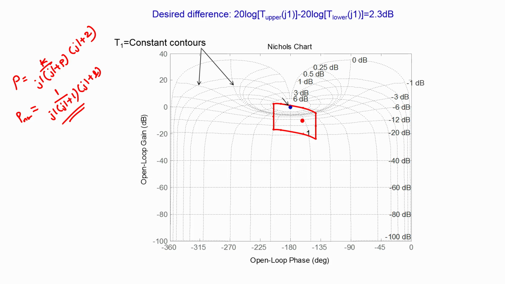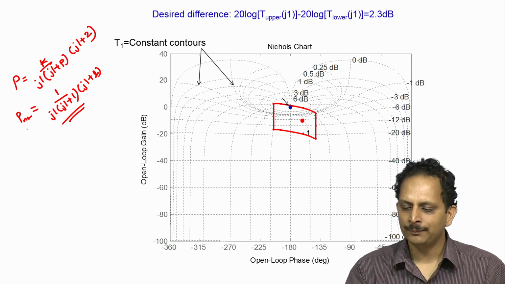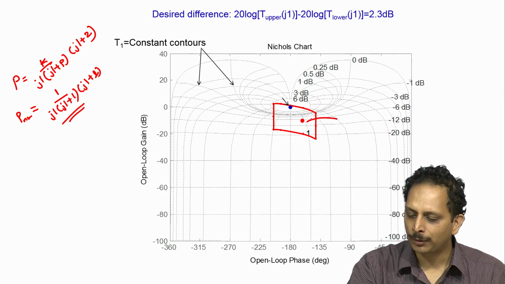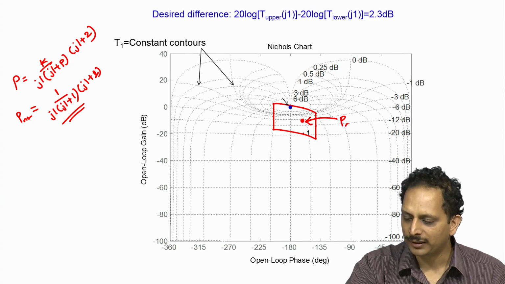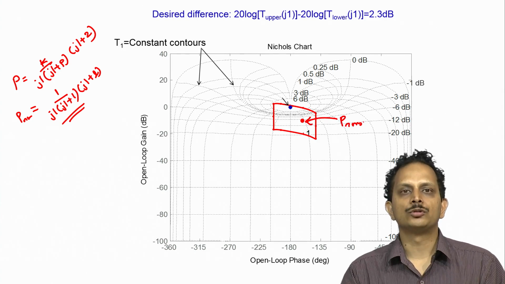Now, we note that this results in the plant having a certain phase lag, which is determined by the phase of the complex number in the denominator, and a certain magnitude. So, if we were to indicate the magnitude of the nominal plant and the phase of the nominal plant at 1 radian per second, what we would get is this particular location P nominal in the Nichols plot.